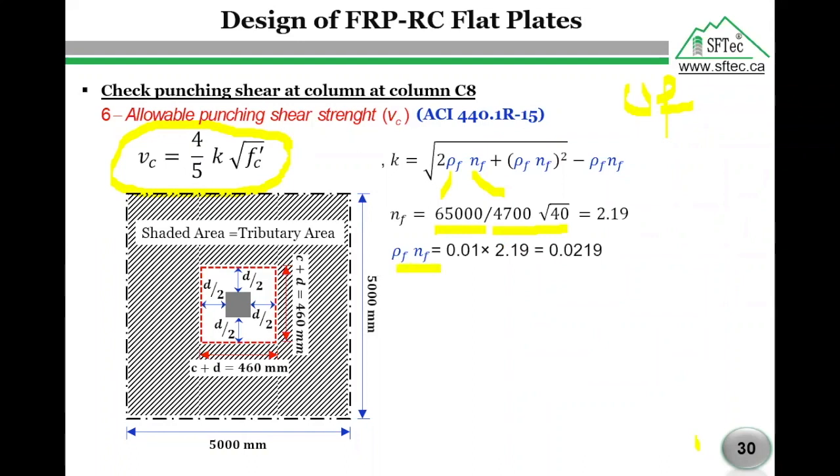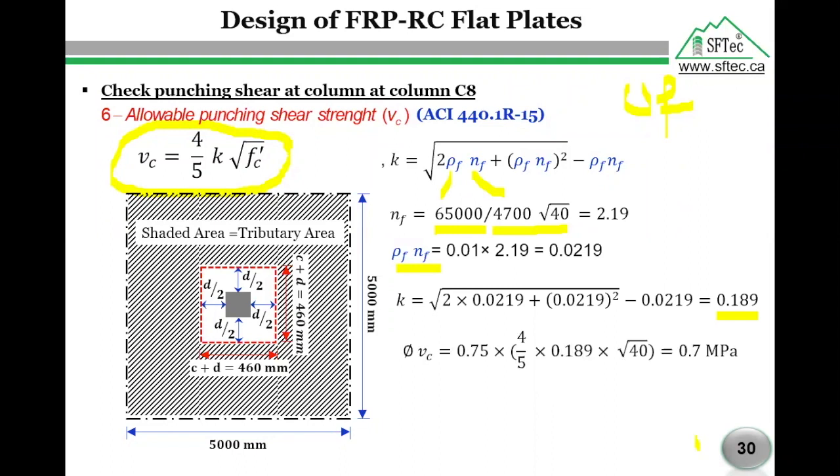After calculating rho times nF, k can be simply calculated and it equals 0.189. And finally, the allowable punching shear strength times the phi factor equals 0.7. The phi factor for shear equals 0.75 according to the Canadian standard, and according to the ACI 440 it is 0.75 as well.